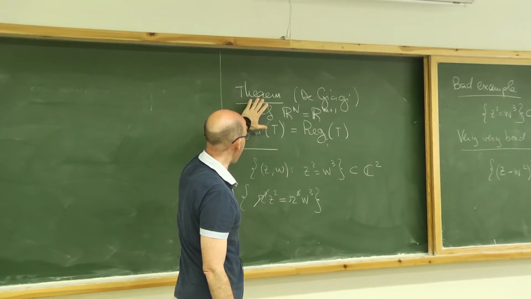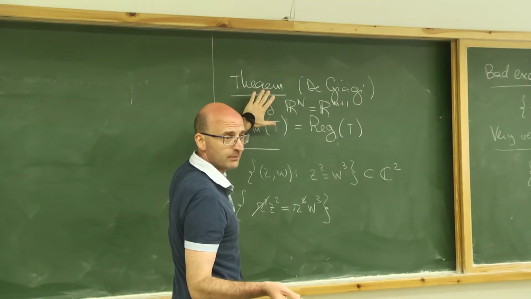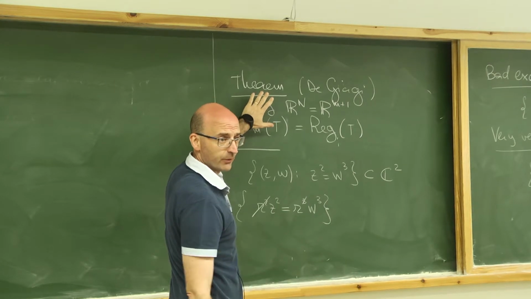So in codimension 1, this theorem is true without any assumption on the multiplicity of the tangent plane that you have at the point. Okay?